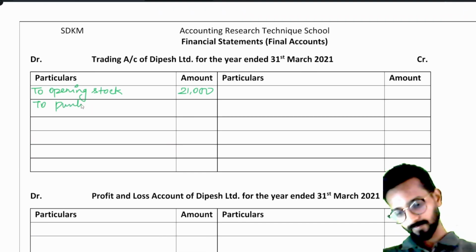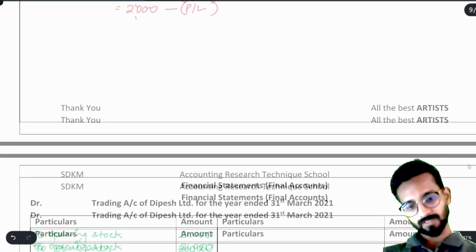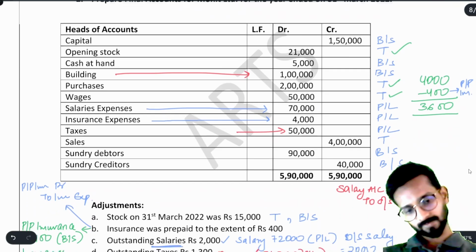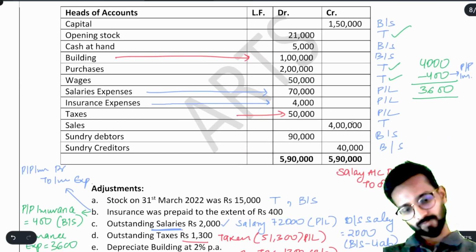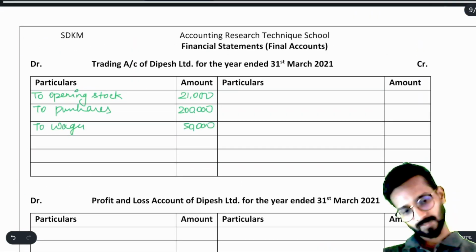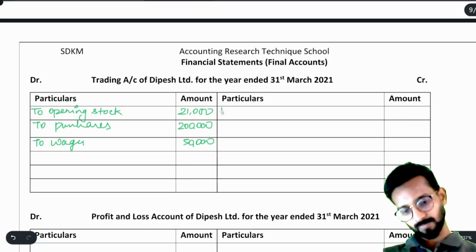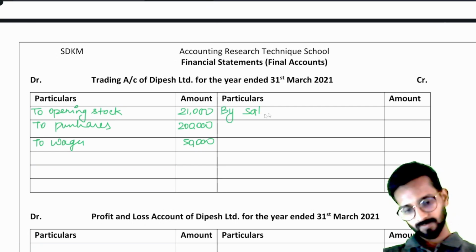Purchases 2 lakh, wages 50,000. After that, sales was 4 lakh rupees. Okay. By sales 4 lakh. There will be some closing stock also.